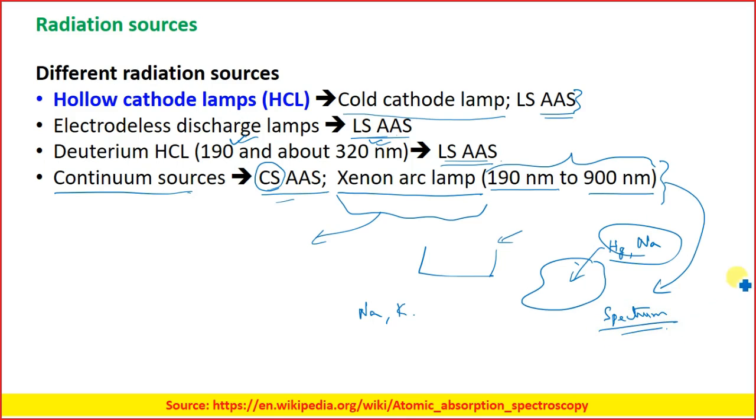The line source lamps generate a specific wavelength, so you are basically getting monochromatic light from them.